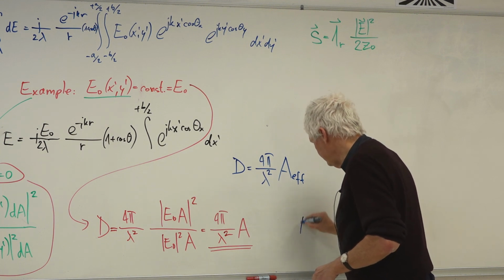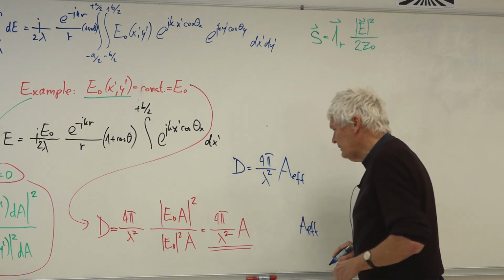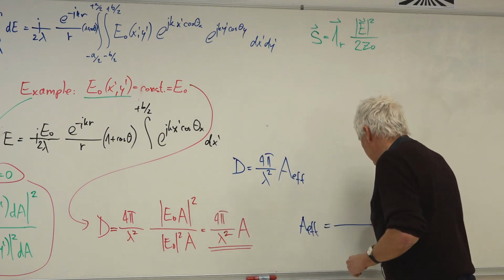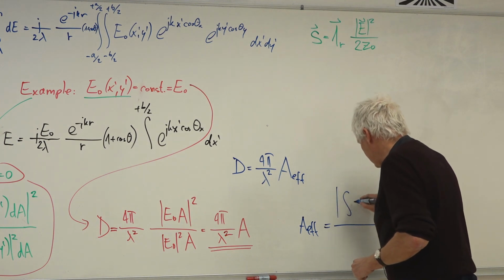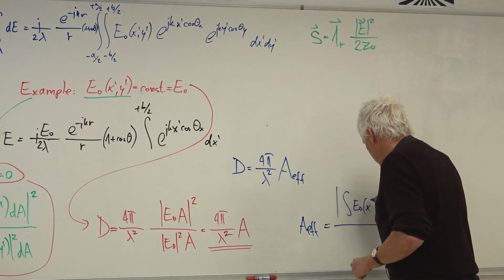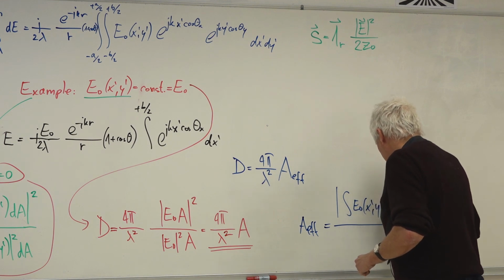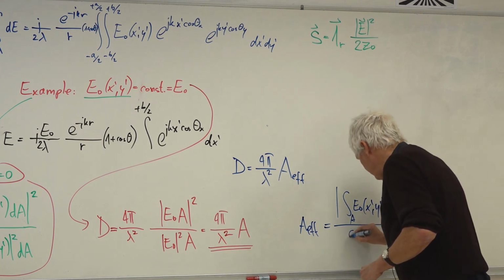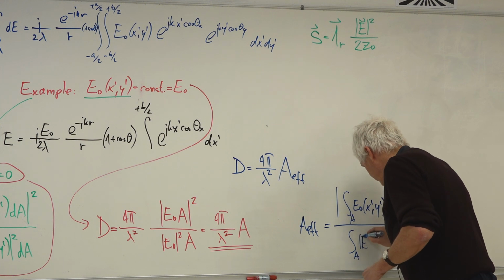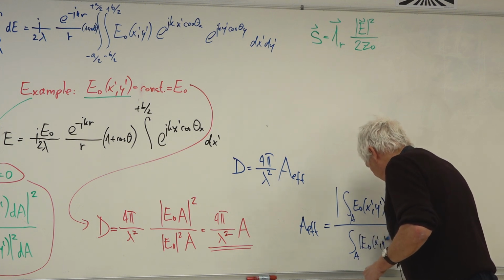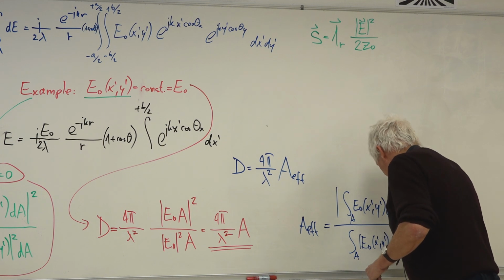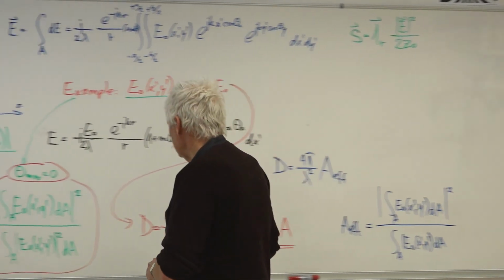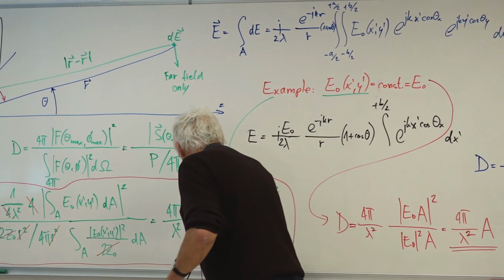The effective area of our antenna is simply what is left over here, which is the absolute value of the integral of E0 of x prime y prime dA over A, squared, divided by the integral over A of the absolute value of E0 of x prime y prime dA. This gives us directly the effective area. So this thing here is just the effective area of our aperture.